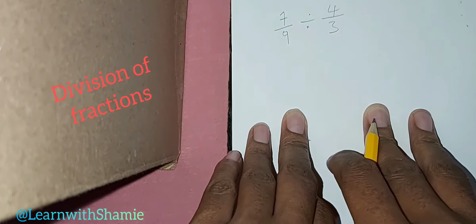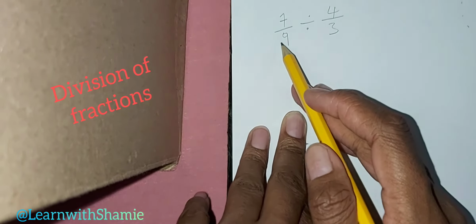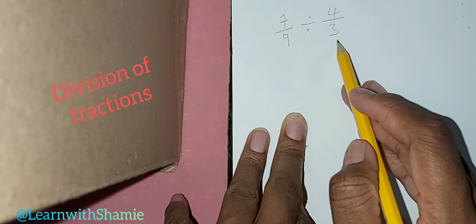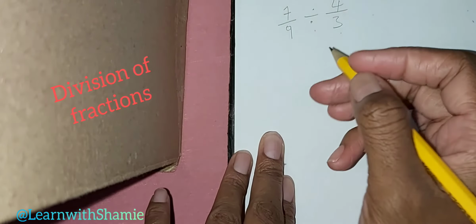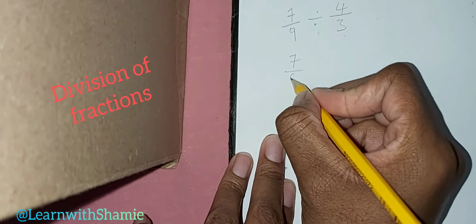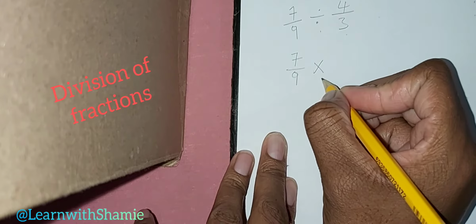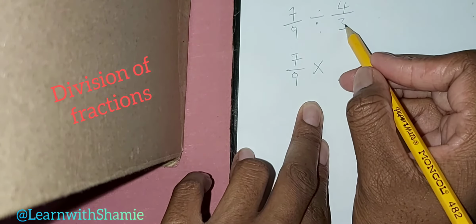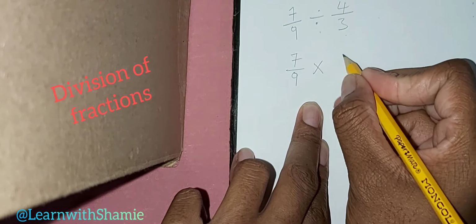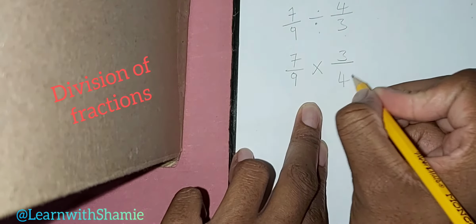I don't know if anybody might be acquainted with it, but you'd say the first one is leave me, change me, and flip me, right? So you're going to rewrite this side, which is the leave me. You're going to change the division sign to a multiplication sign, and then you're going to turn me or flip me, putting the denominator at the top and the numerator at the bottom.